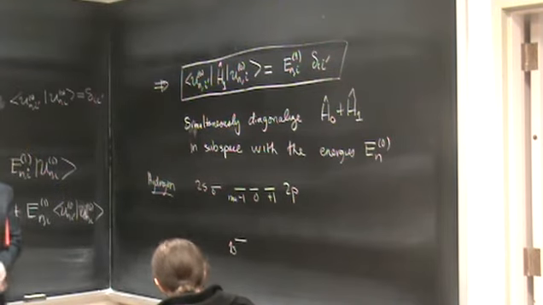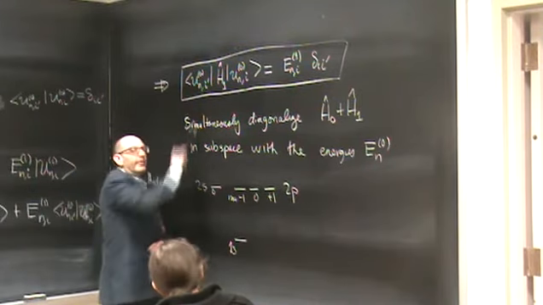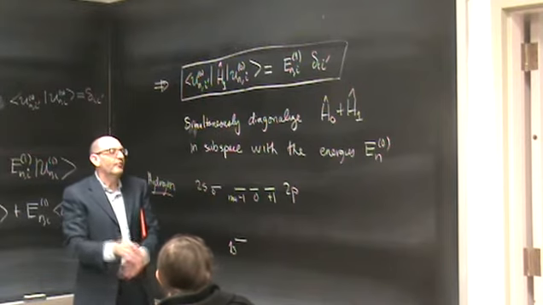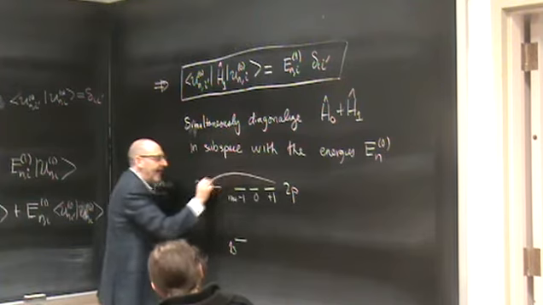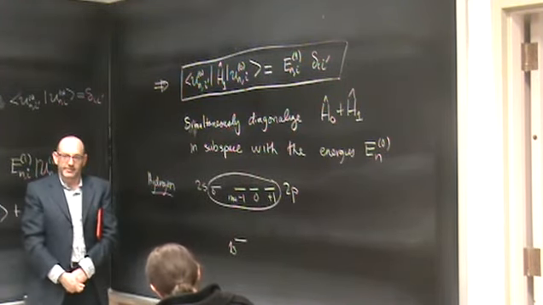So this is a 4-dimensional space. What the degenerate perturbation theory tells us is that in order to account for the perturbations self-consistently, what we should do is just diagonalize the Hamiltonian in the subspace.